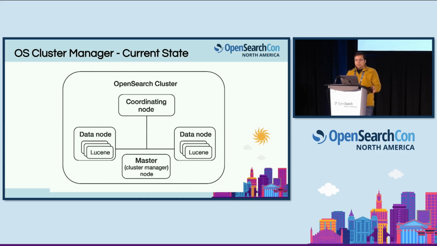Now, what do we mean by cloud native in OpenSearch? Before I get into some of those details, I want to touch upon the cluster manager in OpenSearch. I'm sure a lot of you are already familiar with this, but I'll give a quick primer for context. The idea behind the cluster manager in OpenSearch is twofold.